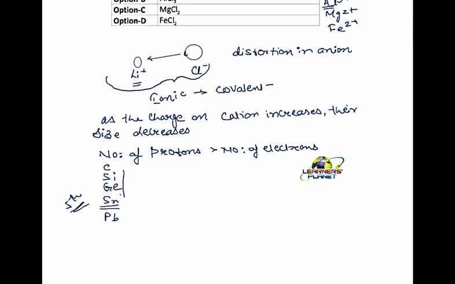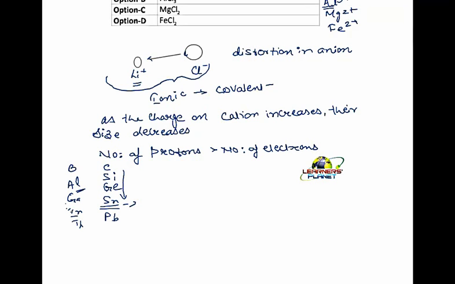Down the group the size increases, so the size of tin is more. Aluminium is present in the 3rd period and 13th group, along with boron, gallium, indium and thallium.